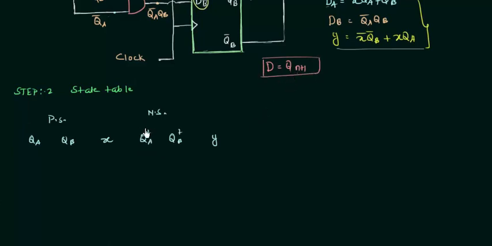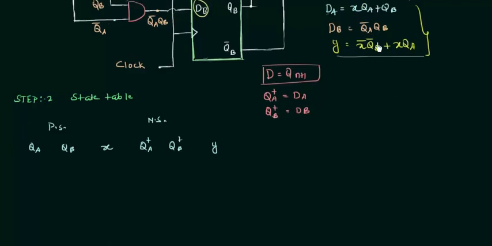Similarly, if I talk about the next state value of my A flip-flop, it means QA plus, it is equal to DA. Similarly, the next state of the QB flip-flop is equal to DB. And from the input and output equations, we have DA, we have DB. So we have QA plus and QB plus. In this way, we can find out our next state.